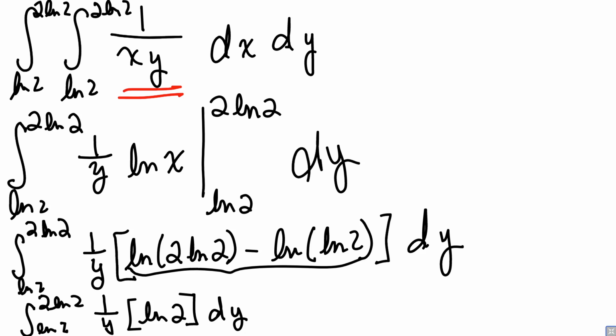Okay. So now, if I integrate this, what will I get? Ln y. Ln 2. Okay. So we're going to end with the natural log of 2 times natural log of y, evaluated from natural log of 2 to 2 times the natural log of 2.